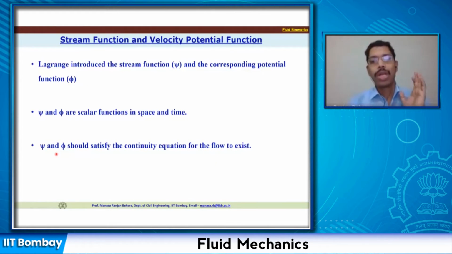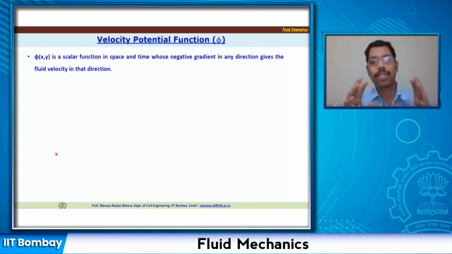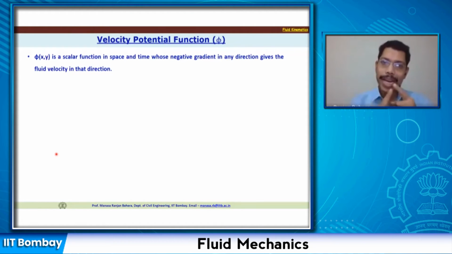So let us look at various aspects of velocity potential function first. So velocity potential function phi is a scalar function in space and time. The gradient of this phi function in any direction gives the flow velocity in that direction. Okay, if you take the gradient of the phi function in any spatial direction, if you take dou phi by dou x, it should give the velocity in x direction.